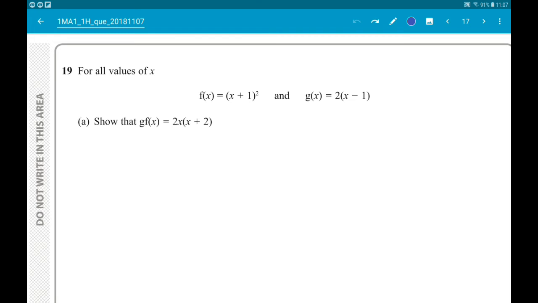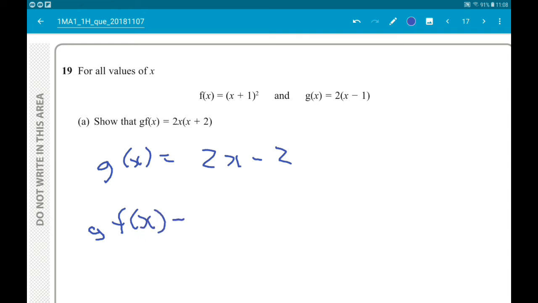First of all, I'm going to expand the g function. So g of x is 2x minus 2. Now then, g f of x, so all this means is any x in g of x becomes the f function.